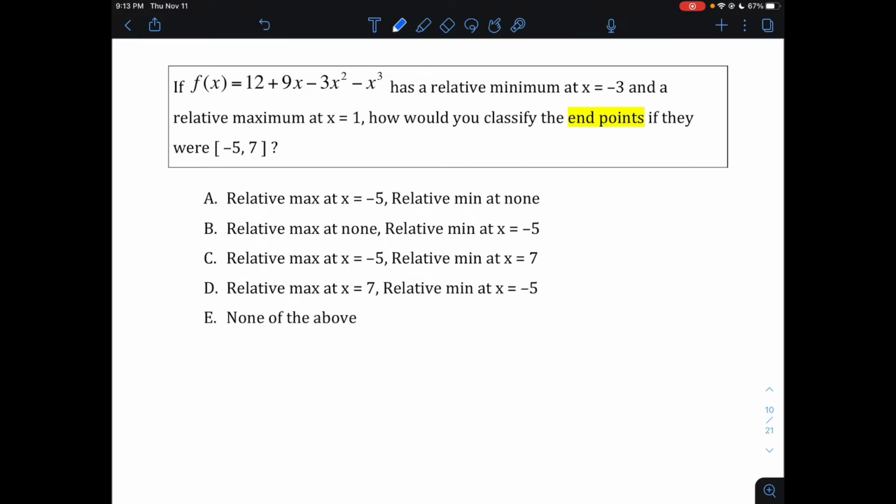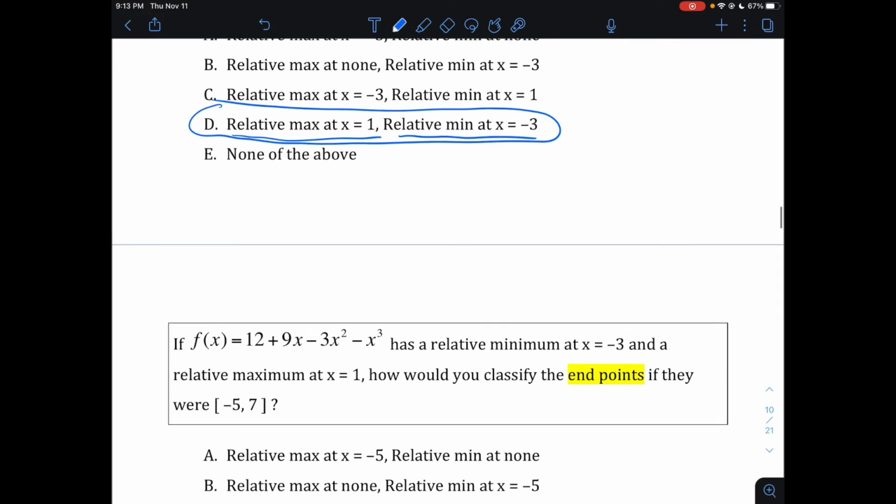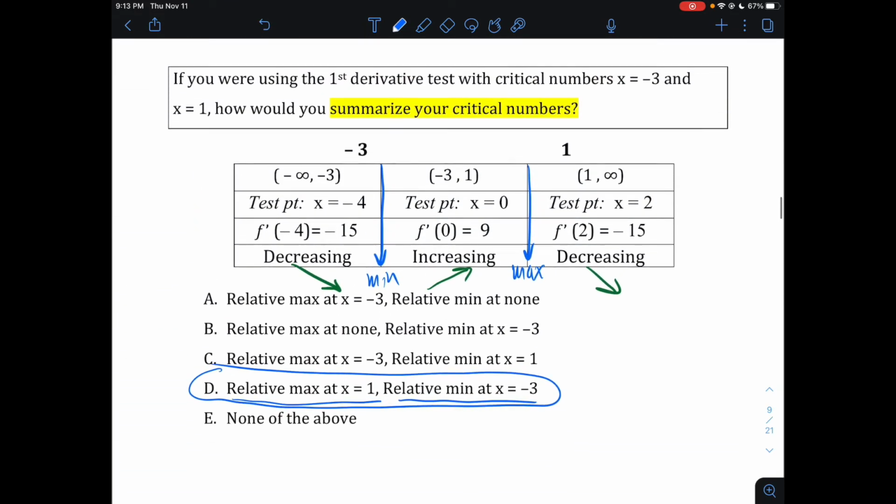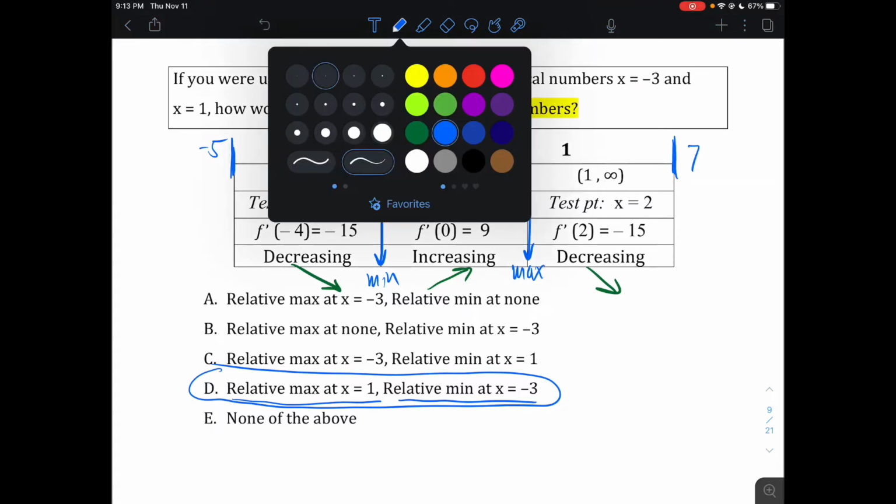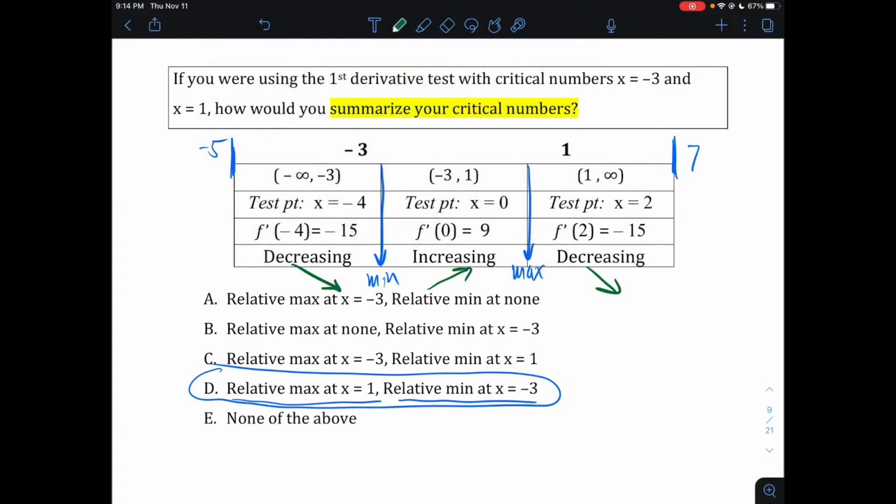So in this case, it might be helpful if we go back to that chart that we had here, and we can think that our endpoint over here on the left is -5, and then over here on the right is 7. And it might be helpful to think that in these intervals, we essentially have decreasing on both of them.